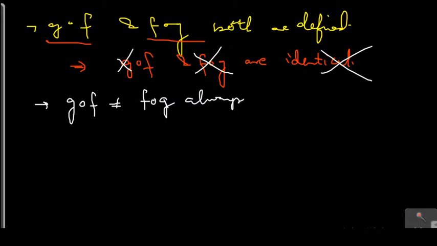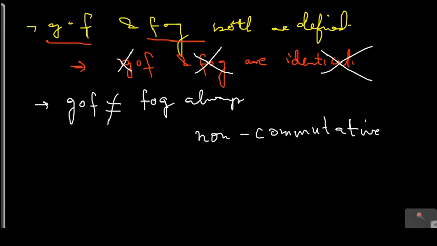Sometimes it can be, that's a case, but in general g of f is not equal to f of g always. Keep this in mind. So that means composition of mappings is not commutative. So if someone asks you, or a question comes, is f of g equal to g of f always, no, you have to say that it is non-commutative in nature.